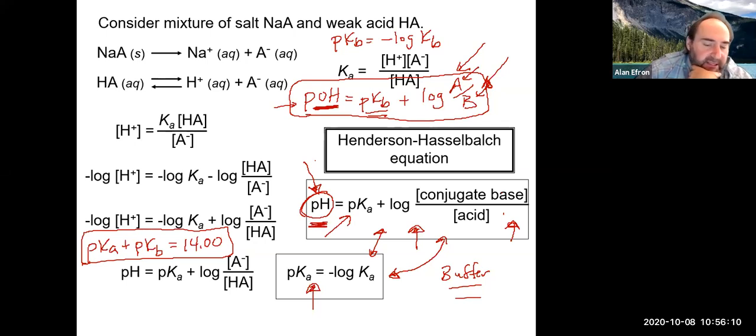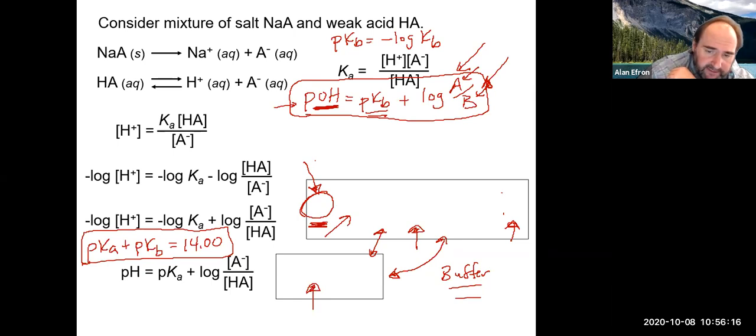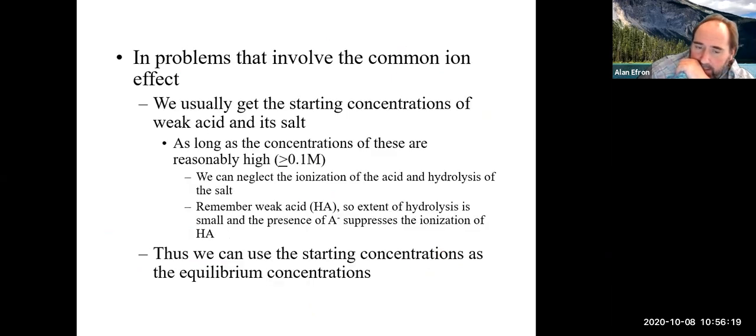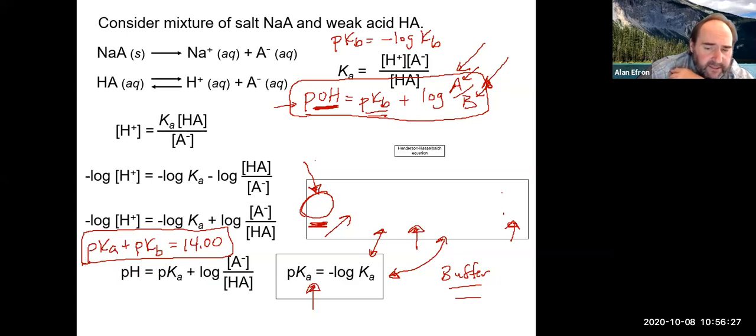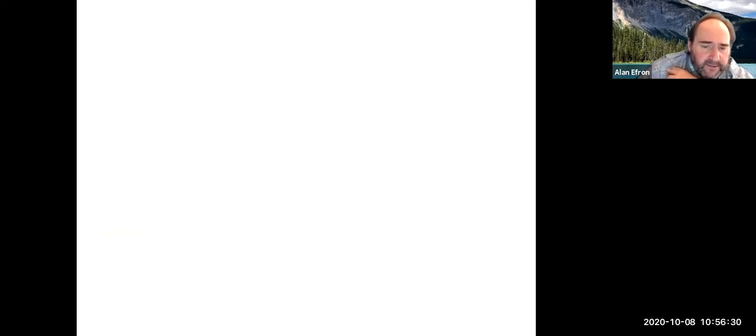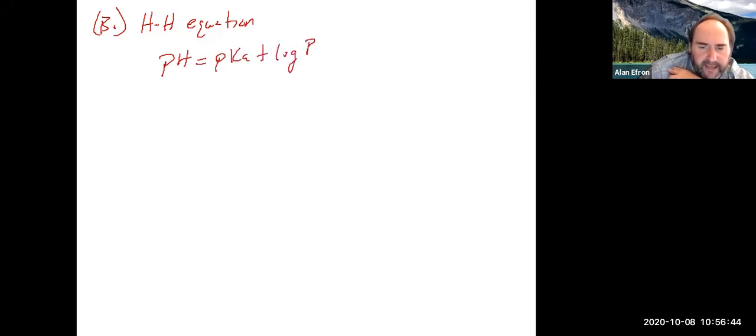So what does this equation allow us to do? Well, if we look at part B, the problem we just did, which was this one here, let's approach part B the exact same way, but using the Henderson-Hasselbalch equation, and see how that would look. So redoing part B here using our Henderson-Hasselbalch equation, which again is the pH is equal to the pKa plus the log of the base over the acid, where the pKa value is minus the log of the Ka.